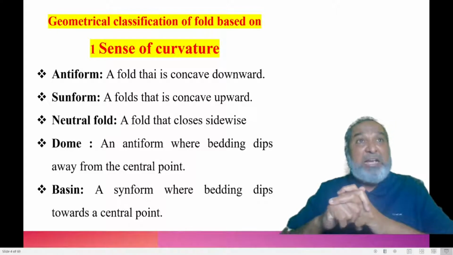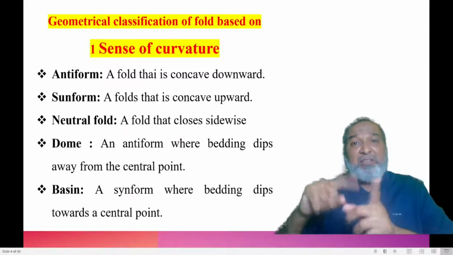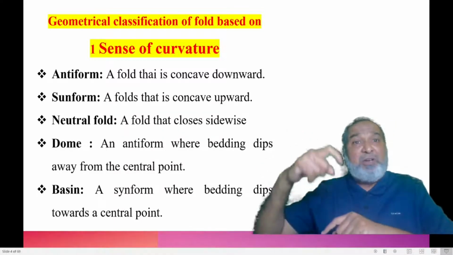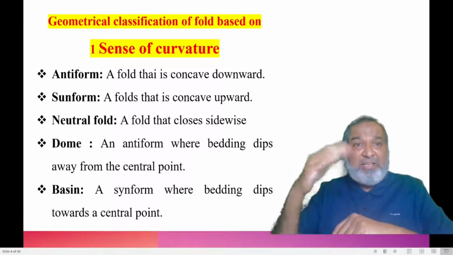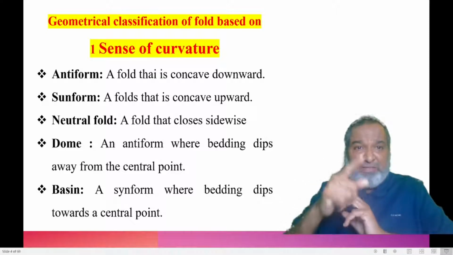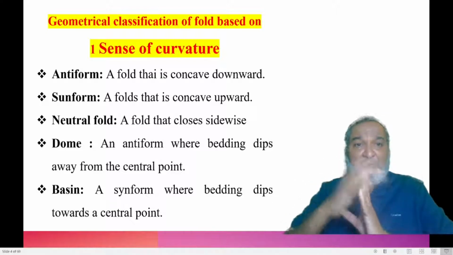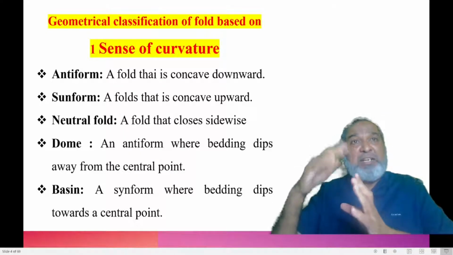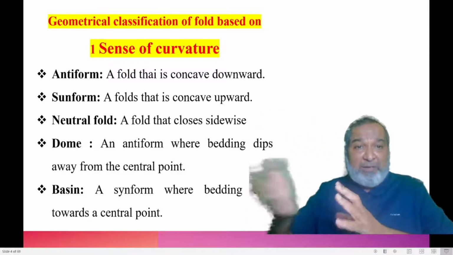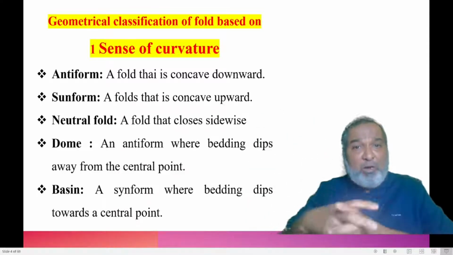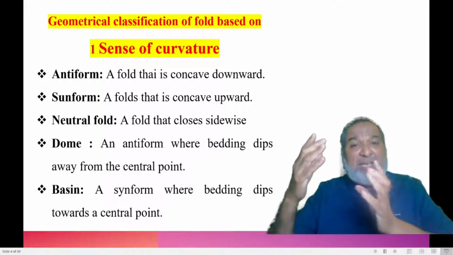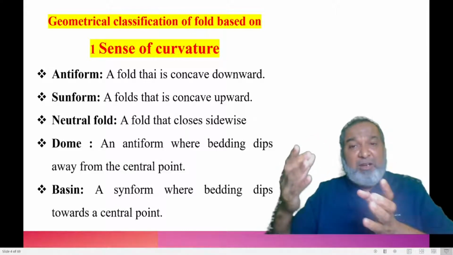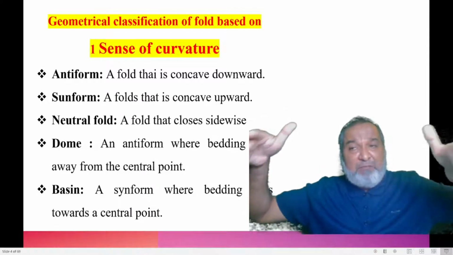One is antiform, a fold that is concave downward, antiform, concave downward. The next one is synform. There is a spelling mistake, SY should be there. Synform, a fold that is concave upward. Then neutral fold, a fold that closes sidewise, and a dome is an antiform where bedding dips away from the center point.